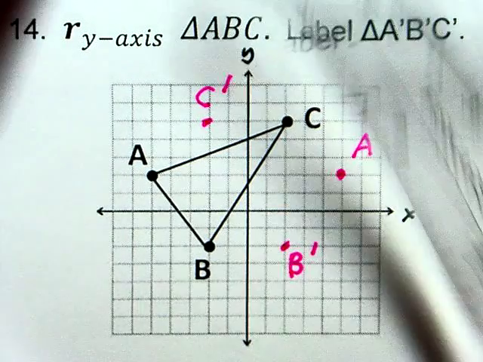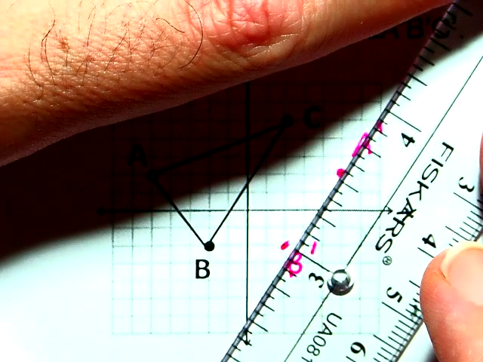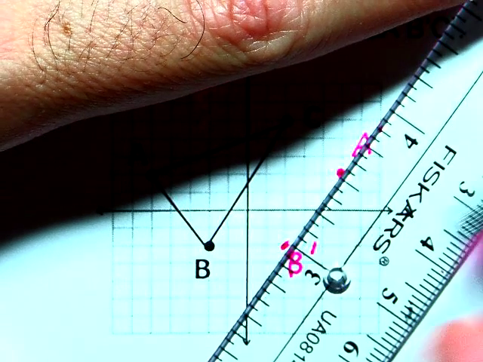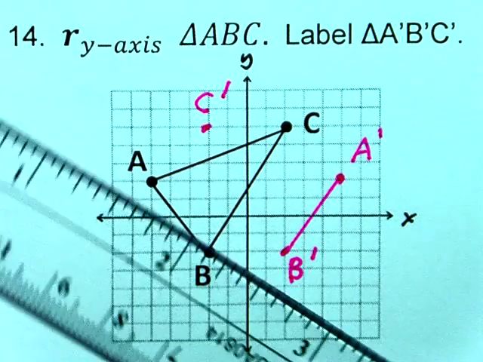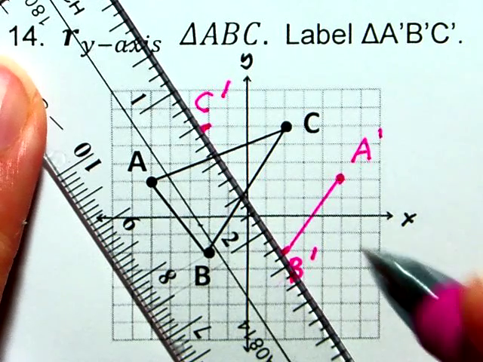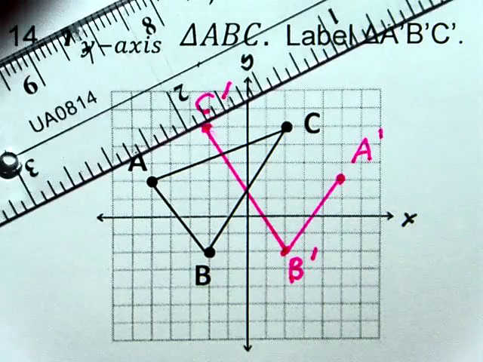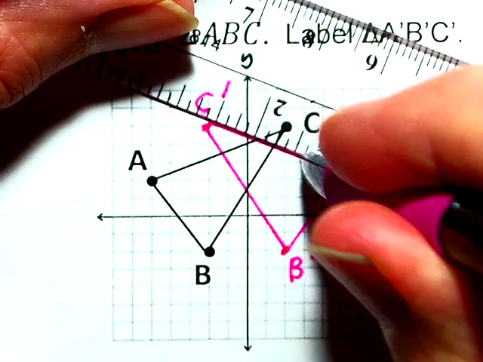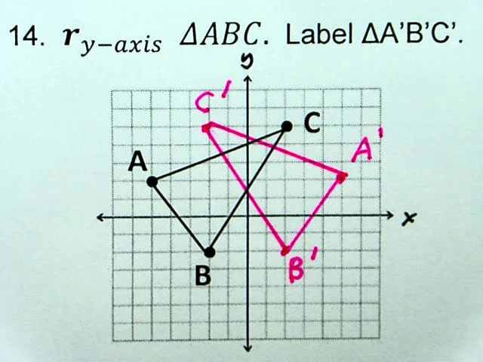So let us join the line segments and create triangle A prime, B prime, C prime. Okay, good. So that is our reflection.